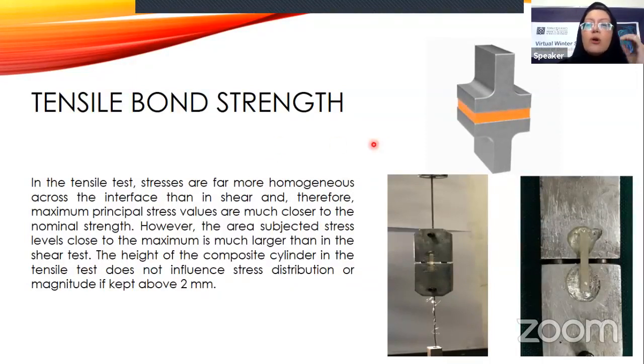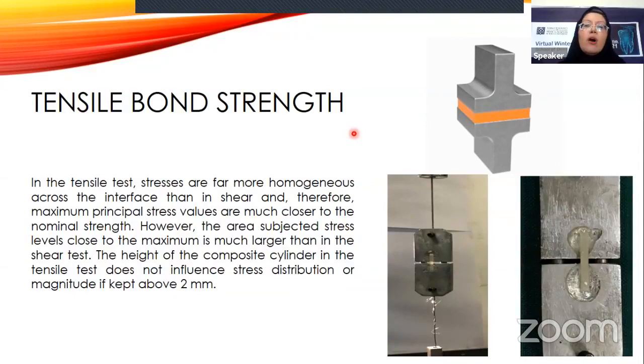As I told you, the macro test has some advantages over the micro one. And it is claimed that in tensile bond stress, we have more uniform stress distribution than in shear bond. So many researchers prefer tensile bond rather than shear bond strength.